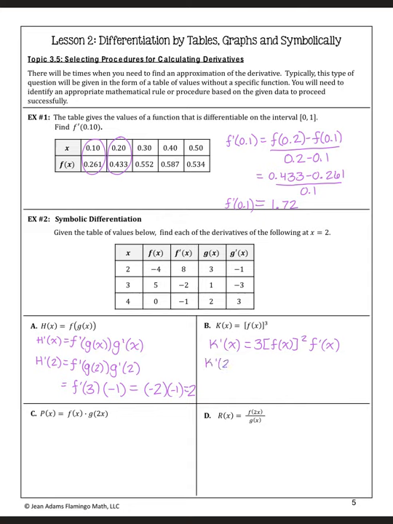If we were to find k prime of 2, we would have 3 times f of 2 squared times f prime of 2. On our table here, f of 2 is negative 4, f prime of 2 is 8. So we would have 3 times negative 4 squared times 8. And all of that would equal 384.